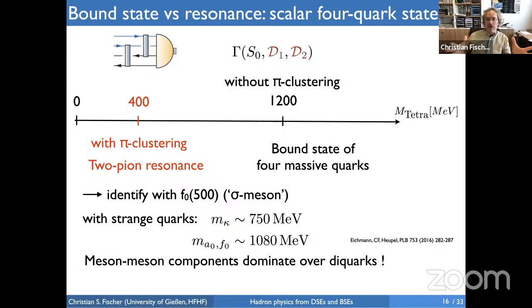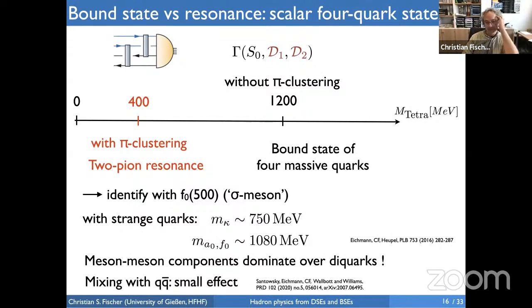And in all these calculations, the meson components dominate over the diquarks. So a diquark anti-diquark approximation is definitely a very, very bad approximation for these types of states. The meson clusters just dominate. We can also investigate the mixing of these states with conventional q-qbar states, and we have found that the net effect is actually very small.